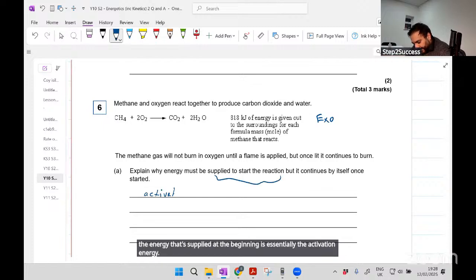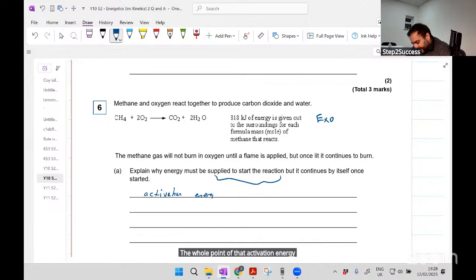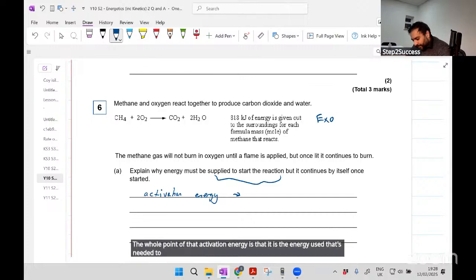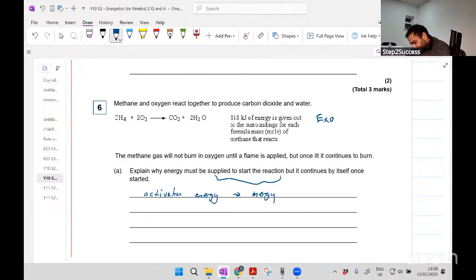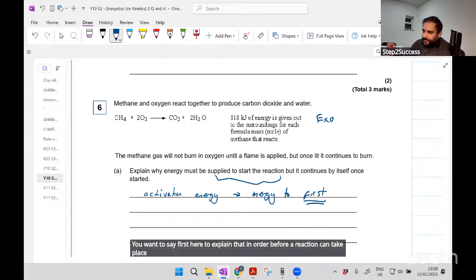The whole point of that activation energy is that it is the energy needed to break the existing bonds first. You want to say first here to explain that before a reaction can take place, you need to break all the bonds, and only then can they start colliding with each other.